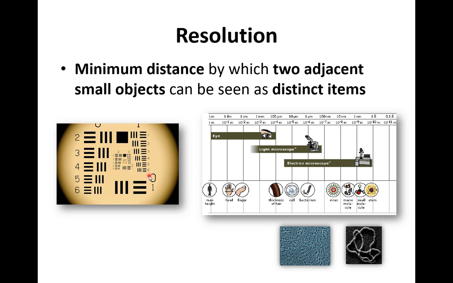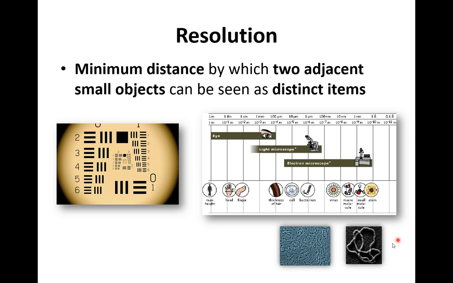I can still see a 6. I'm old enough, I'm old, but not that old. But then when I start getting to these samples here, I start having a very hard time seeing them as separate. So this will be the distance of these objects near each other, this will be the resolution of my eye. Same thing for a microscope.